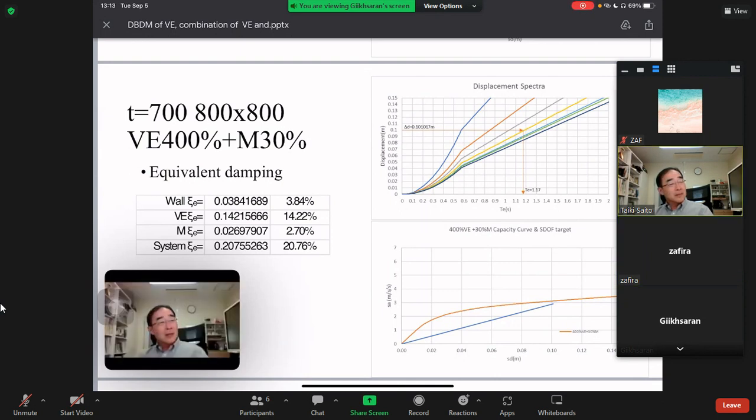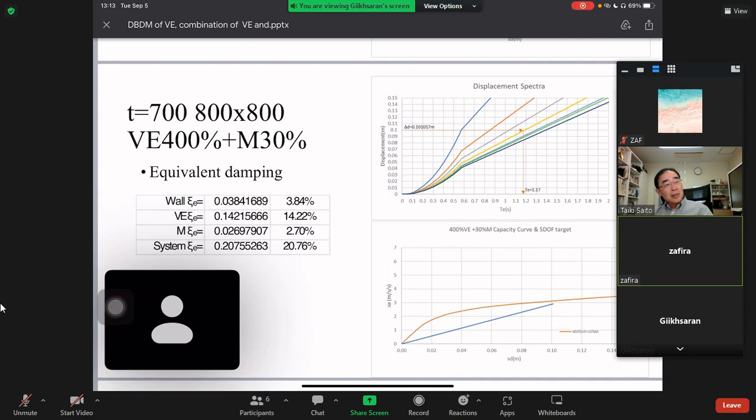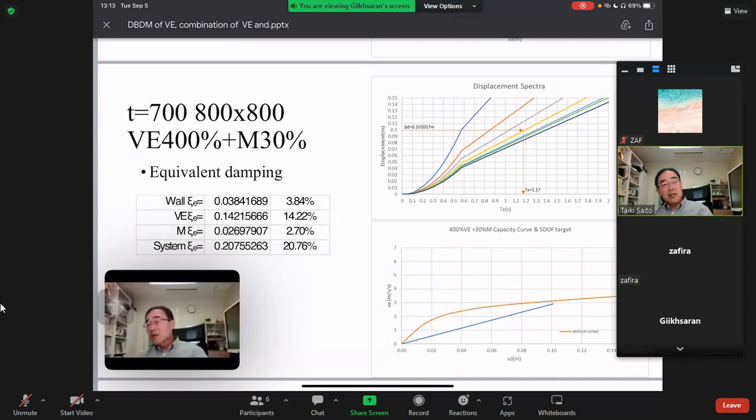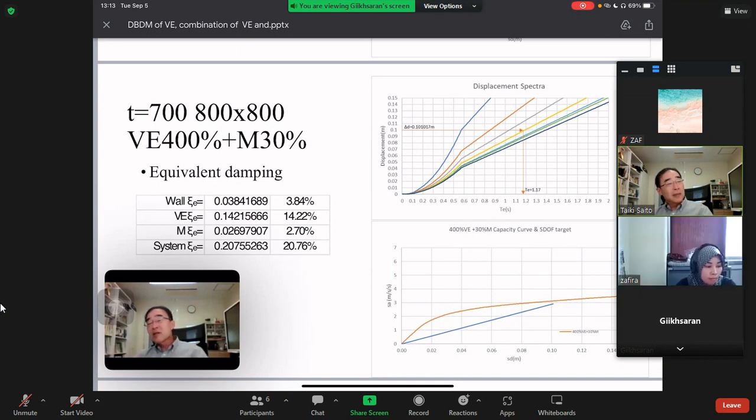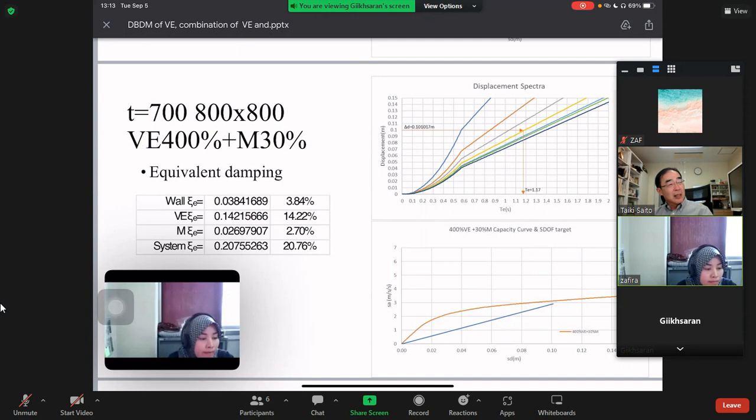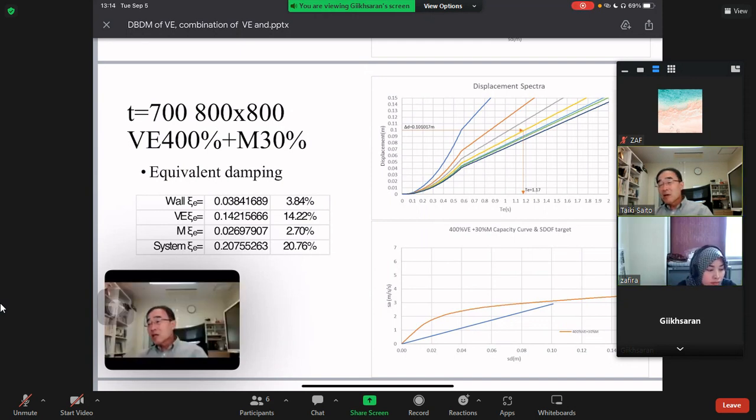I want to make the story how to design coupling wall. So degree of coupling is one design parameter. And also the accuracy of displacement-based design, it's not completed yet.